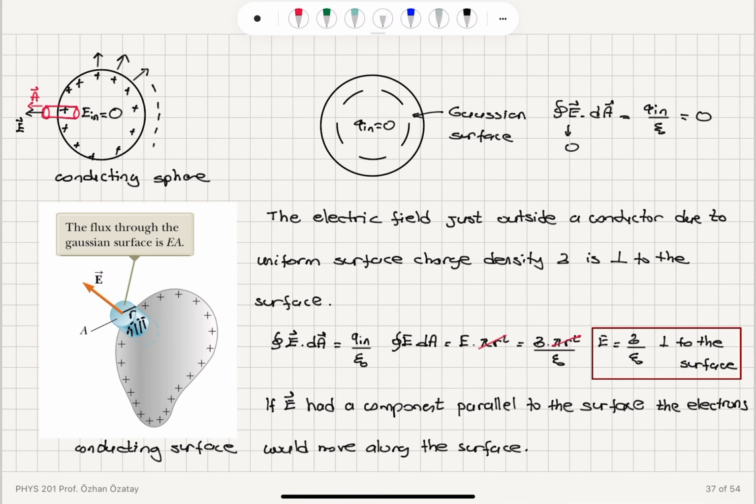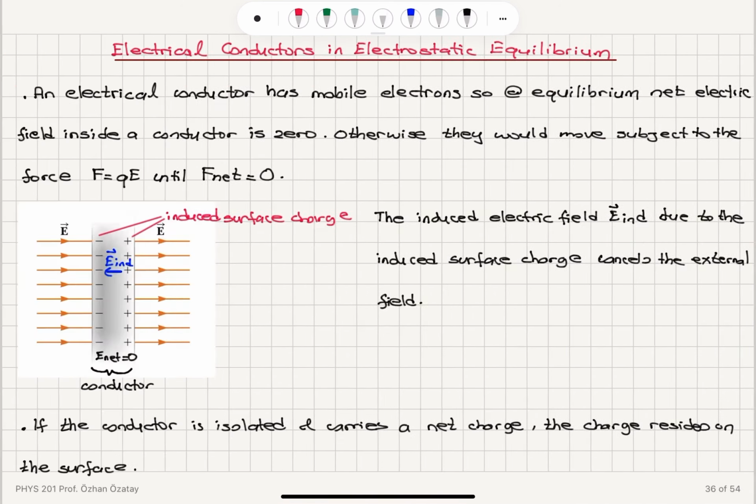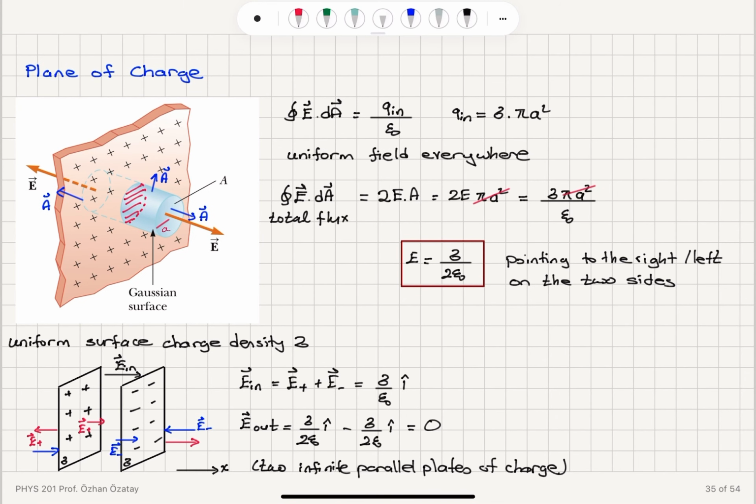Okay, so this is somewhat similar to what we did in the previous lecture, where we talked about the electric field in between two infinite planes of charge. But there we had two contributions, due to the positive charge and the negative charge, and they add up and give us a total electric field of sigma over epsilon 0 inside, and outside the electric field was 0.